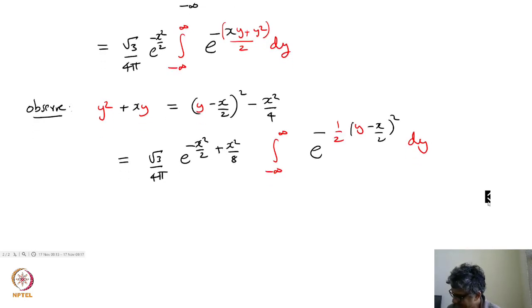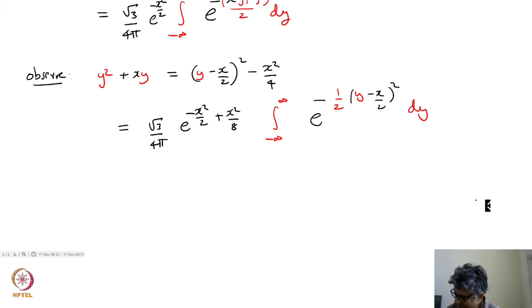So now you observe a little bit. My claim is that this integral right here looks familiar, right? Because this is like a density of a normal random variable with mean x by 2.